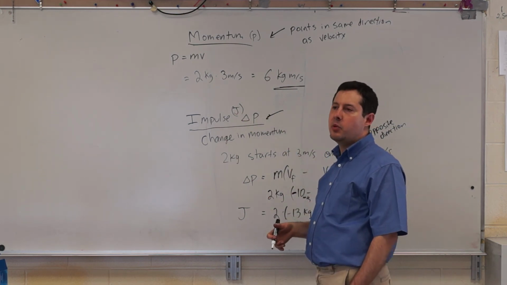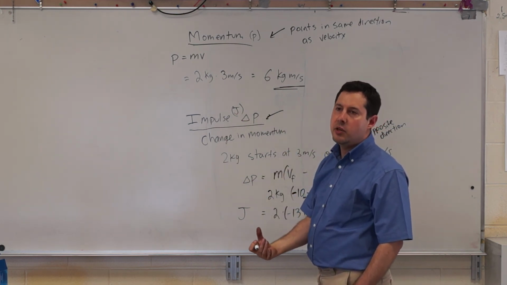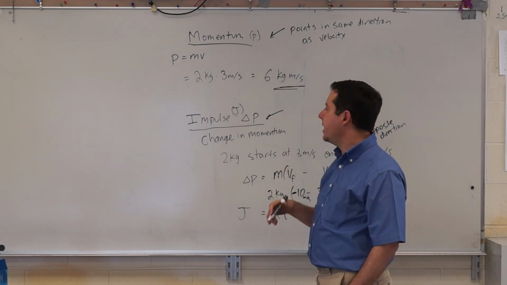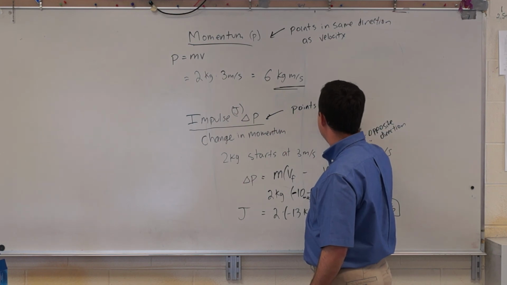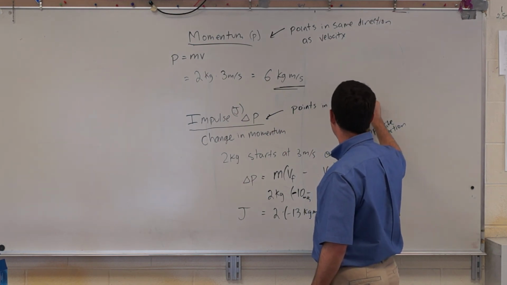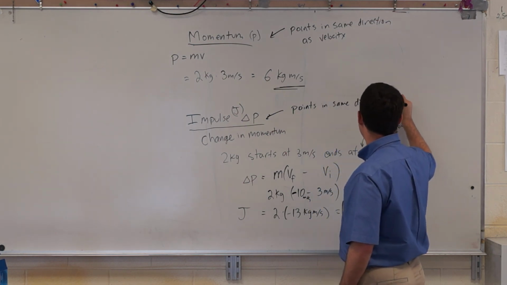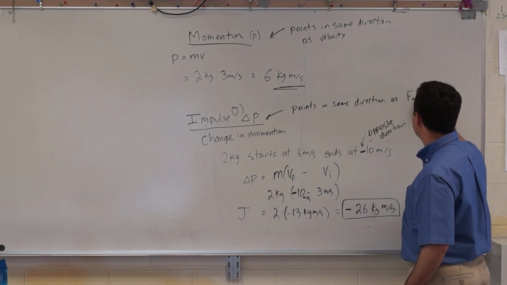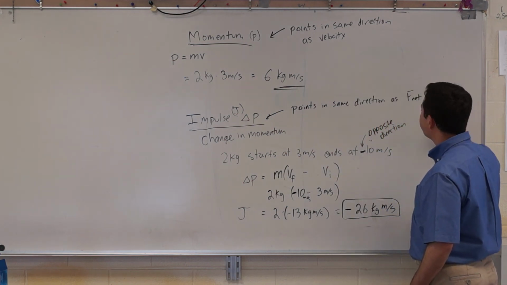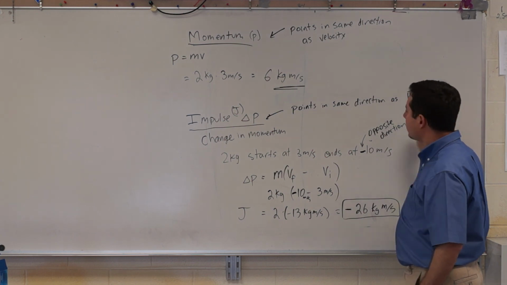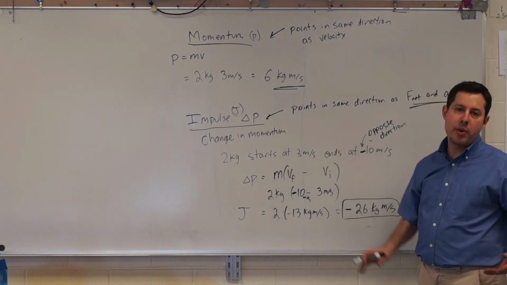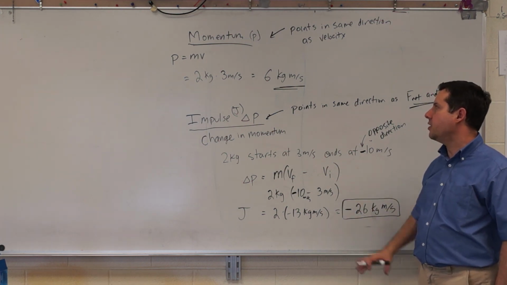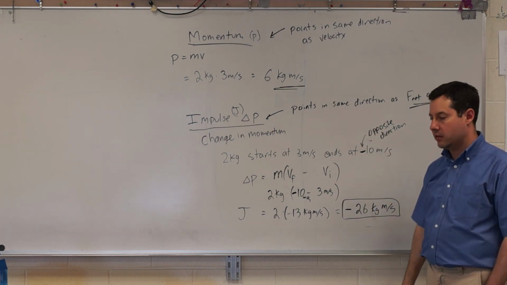In order to change an object's momentum, you have to change its speed, which means you have to push on it in some way. So impulse points in the same direction as your net force and your acceleration. And of course, if you're balanced and your net force is 0, then you have no impulse, your speed is not changing, and your momentum would be constant.